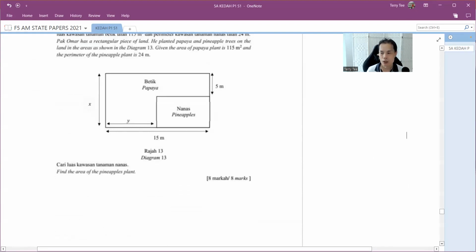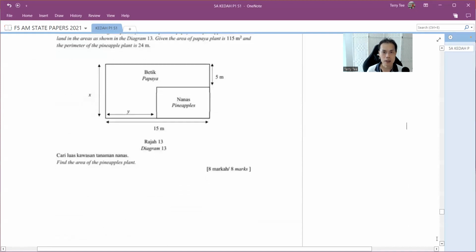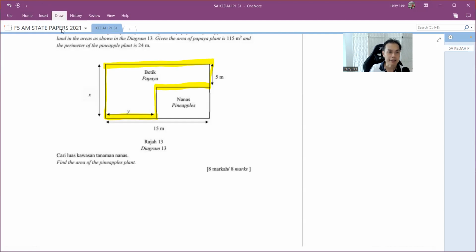Okay, so now number 1, I'm going to form the first equation. Your first equation is the area planted with papaya, which is this area here. Let me just highlight for you. This is your papaya. We need to take the bigger rectangle minus the smaller rectangle. First, what is the length of this big rectangle?